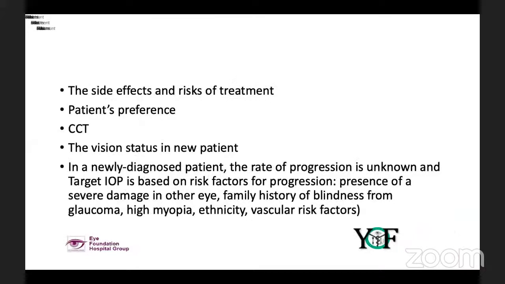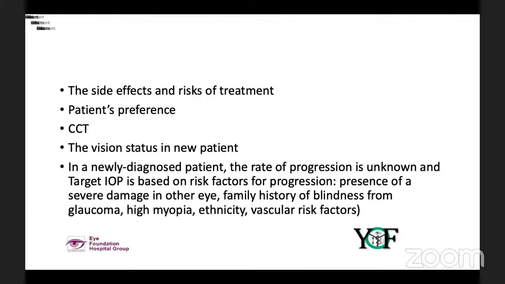The side effects and the risk of treatment on the patient: where the patient has much reaction to the treatment, the target pressure may need to be re-evaluated. Patient's preference, depending on the type of treatment he's on.